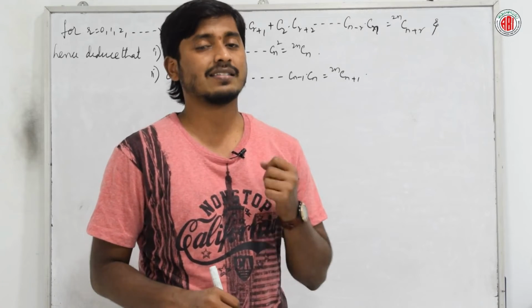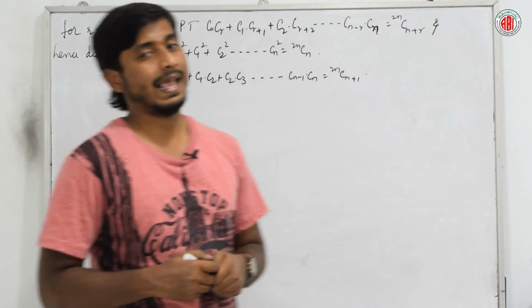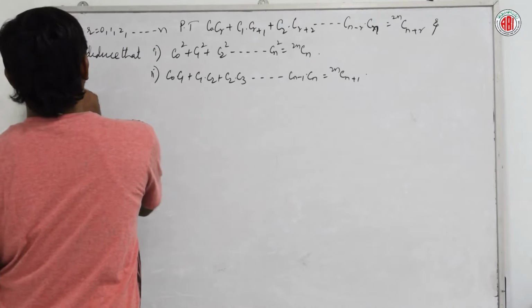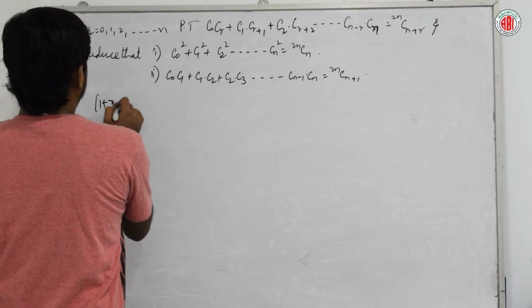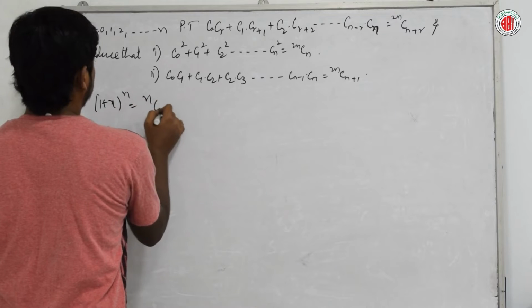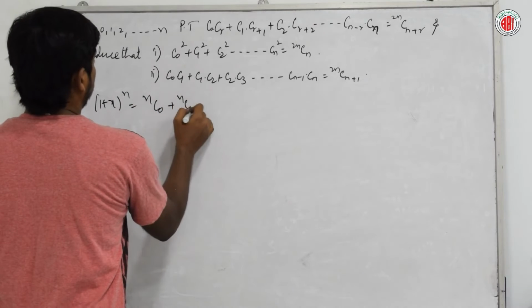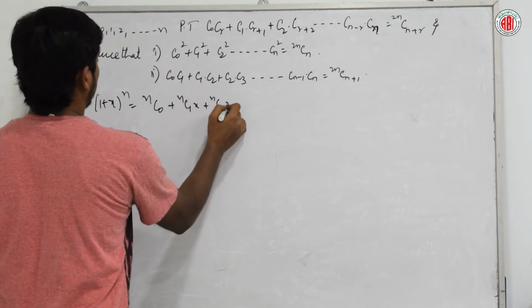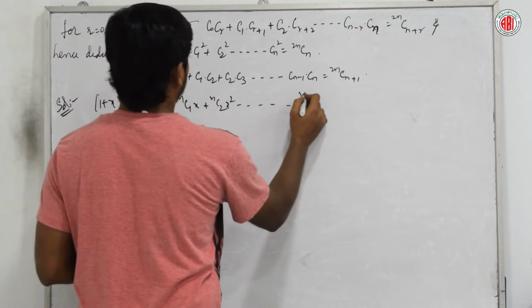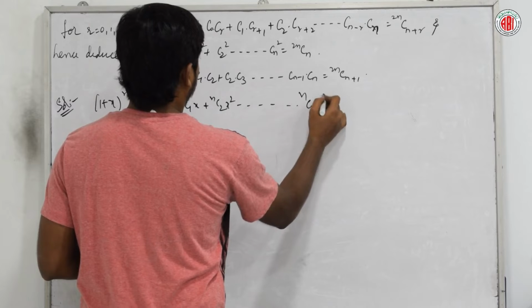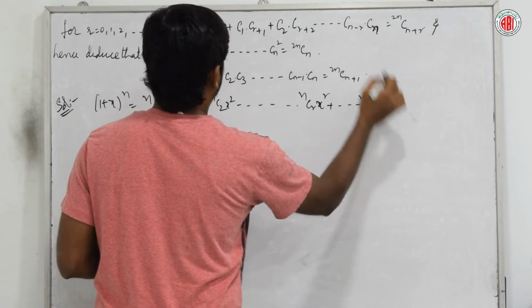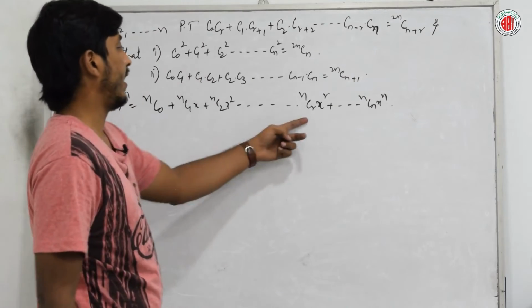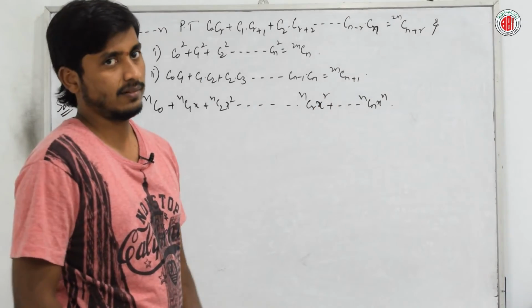Obviously let me write it as (1 plus x) whole power n. Okay. So we know that (1 plus x) whole power n is nC0, nC1 x, nC2 x square and so on up to nCr x power r and so on up to nCn x power n. Is it right? That's it.